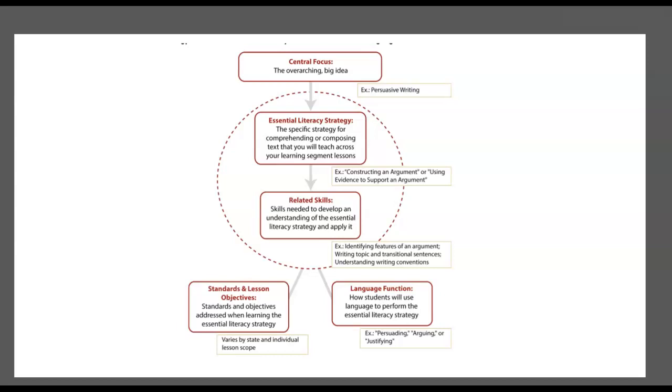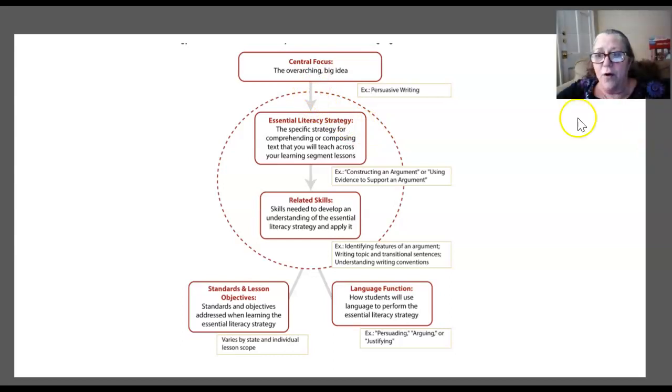Unfortunately, you don't teach those things for the edTPA. All of your rubrics are either going to be based on an essential literacy strategy or they're going to be based on your mathematical SSE.